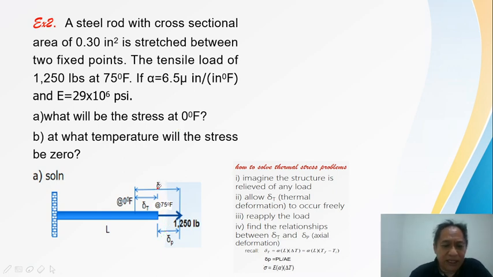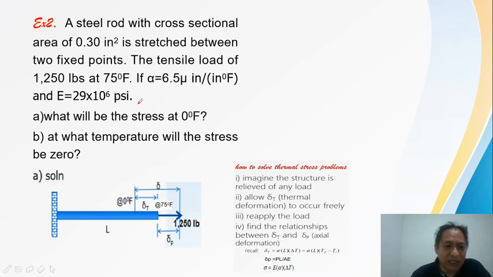Now, this is the location of the end at 75 degrees Fahrenheit, by pulling this member there by applying a force, so this body is already subjected to an axial stress, correct? The initial temperature is 75 degrees when the tip of the bar or rod is at this location.